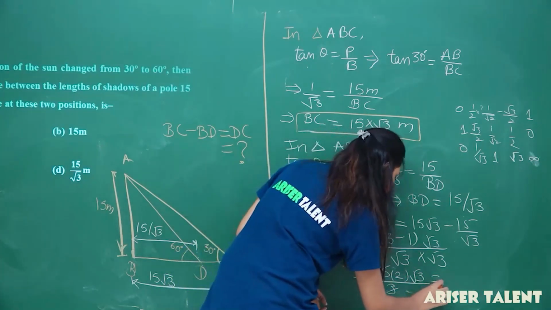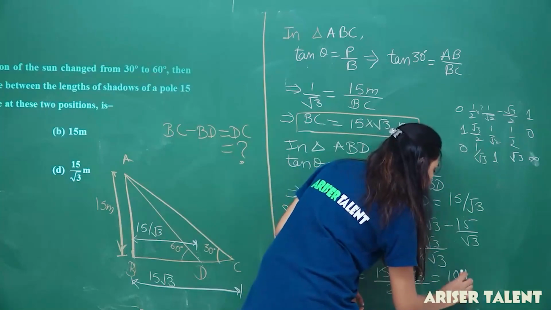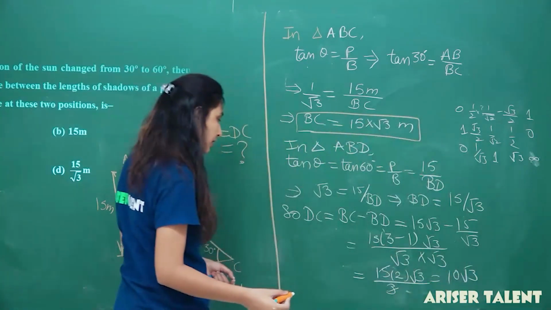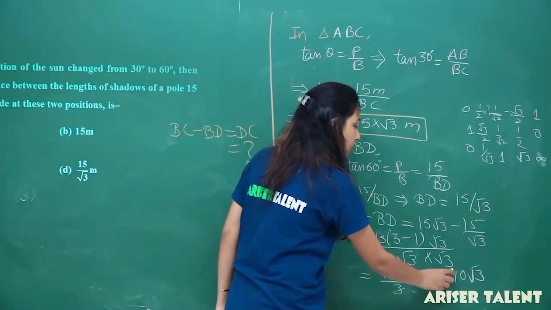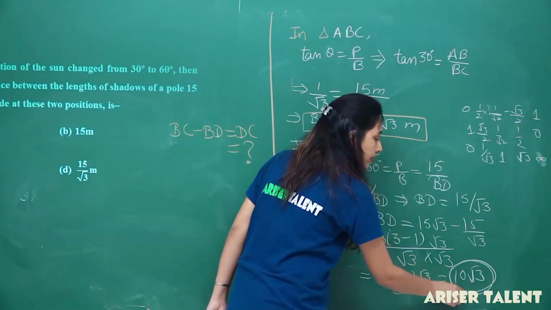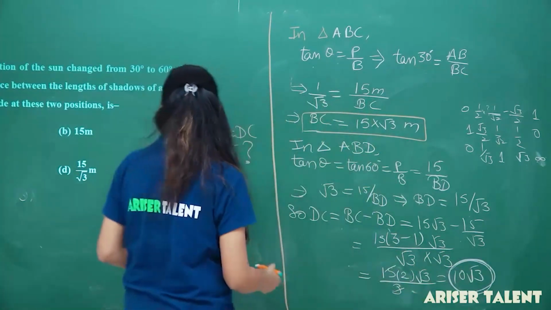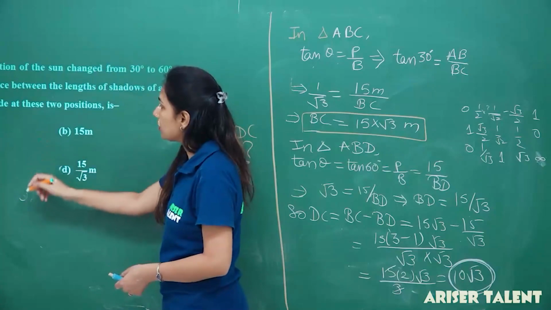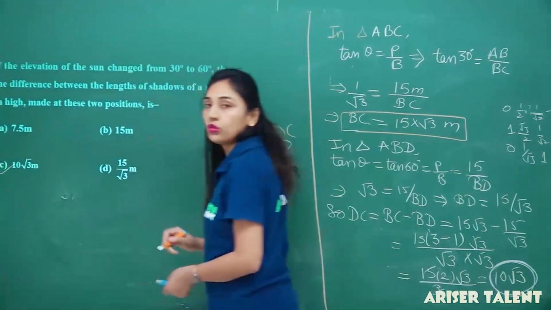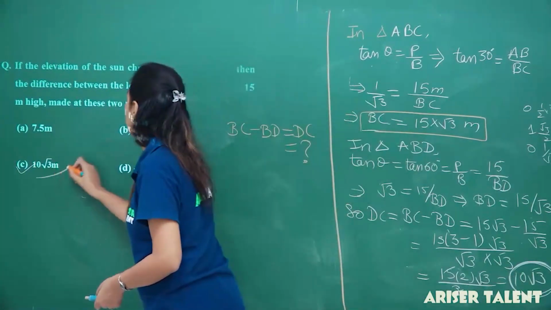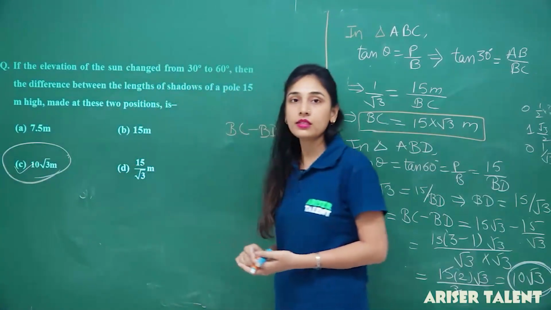That will be 10 root 3. So this 10 root 3 is our answer. Now from the options, this is our answer, 10 root 3. You can solve this now.